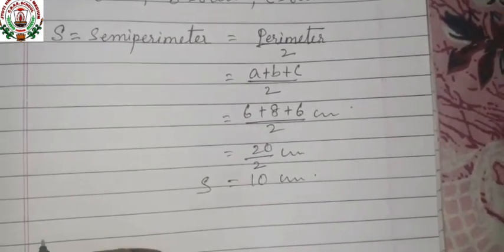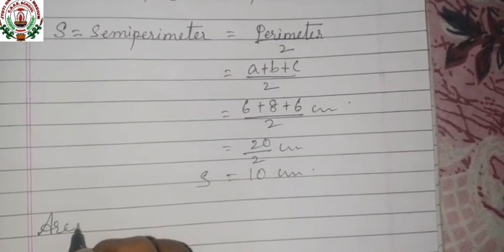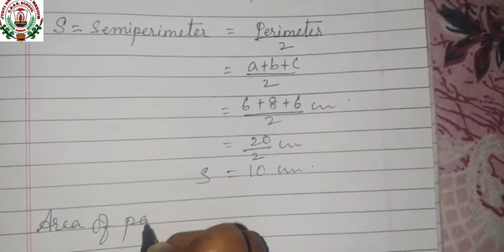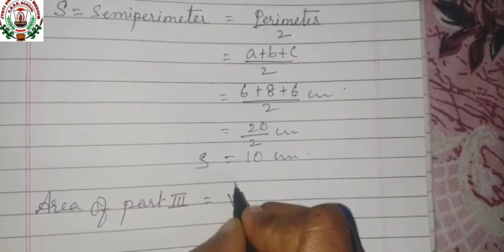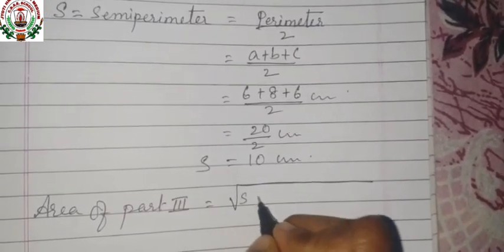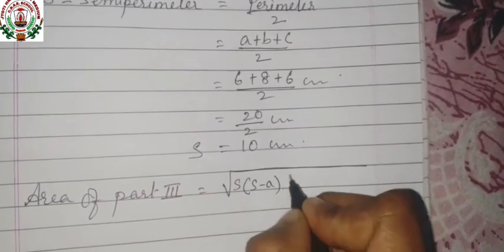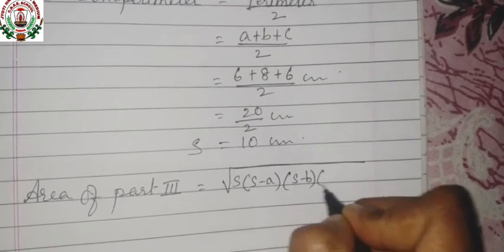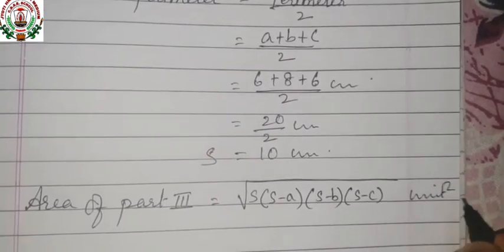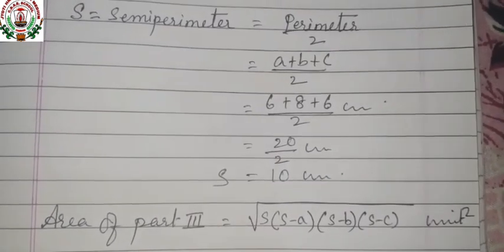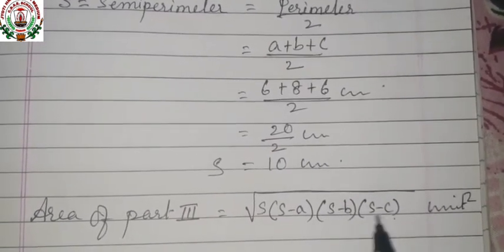Now area of part 3 equals square root of S into S minus A into S minus B into S minus C unit square.